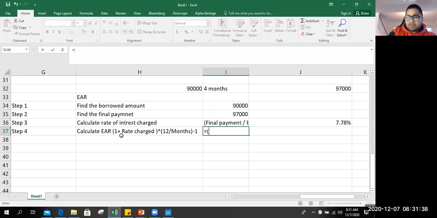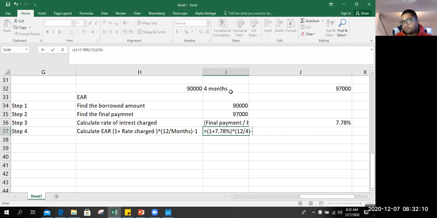Now calculate the effective annual rate. How to do that? 1 plus 7.78% that we calculated, to the power 12 divided by 4. Okay, 12 is the total number of months in a year and 4 months is the total borrowing period.